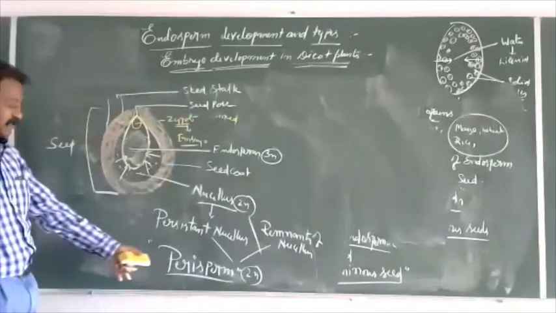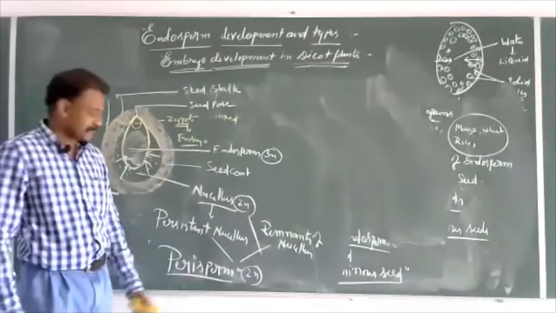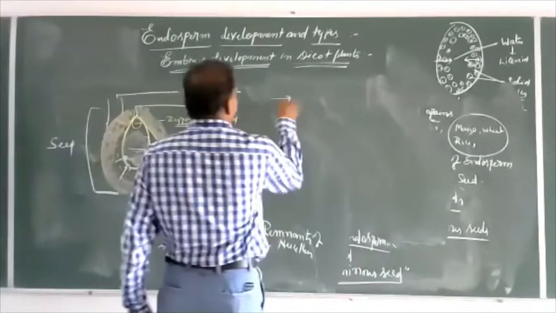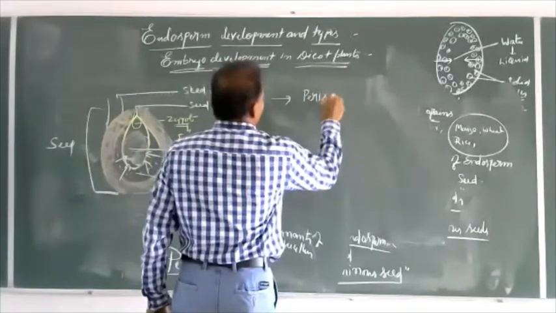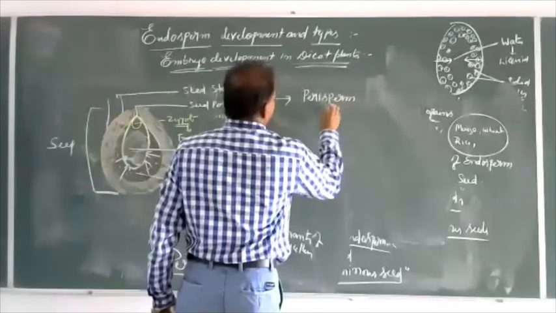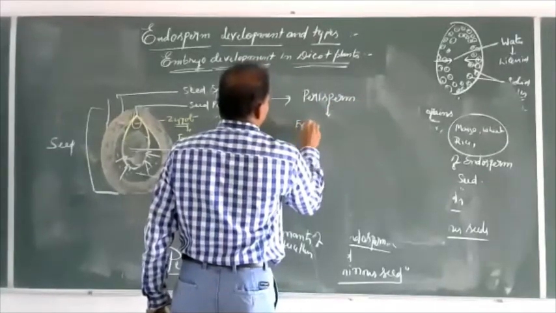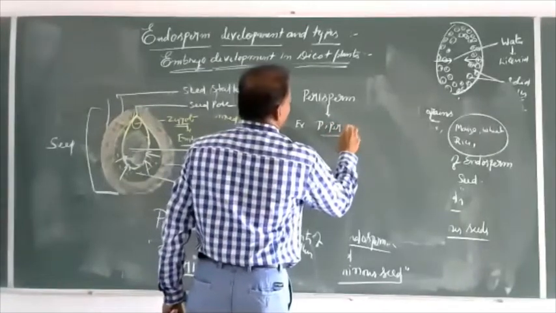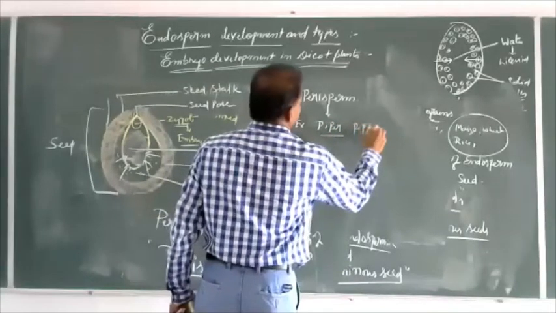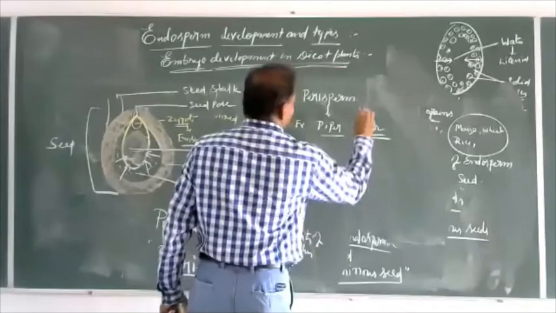Memory-based question: in which of the following plants is perisperm present? Perisperm is present in Piper nigrum, or black pepper.